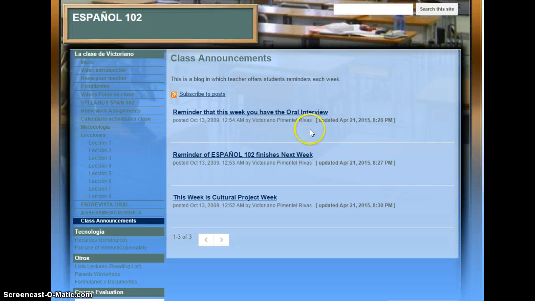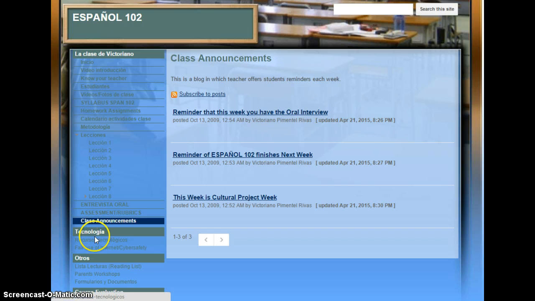Class announcements is also very important to keep the students alert about different topics, more than also activities. For activities and homework assignments, we have here, and here other announcements we have to speak about. Technology.